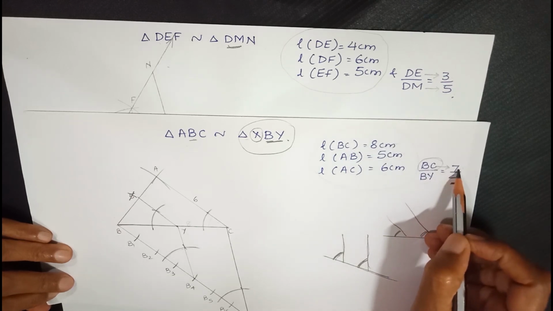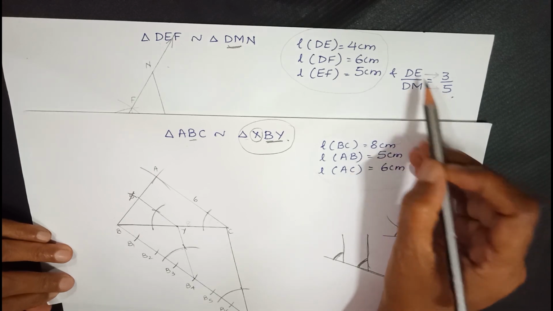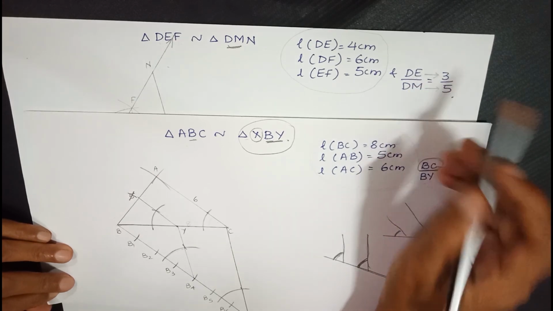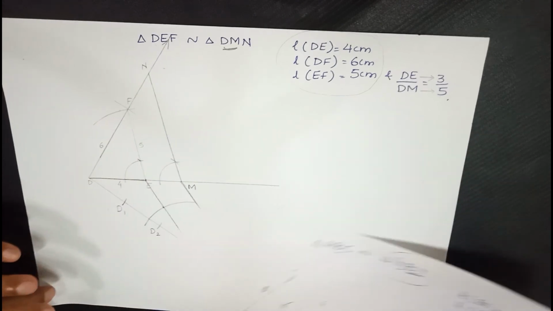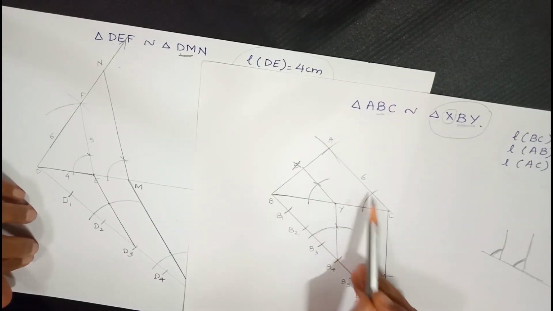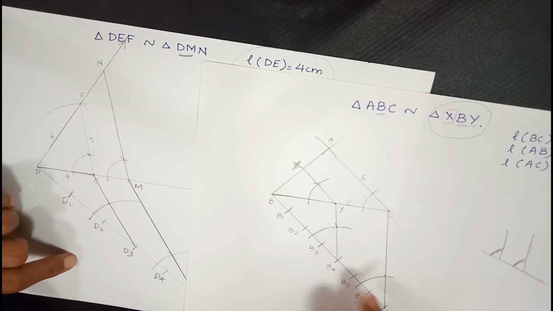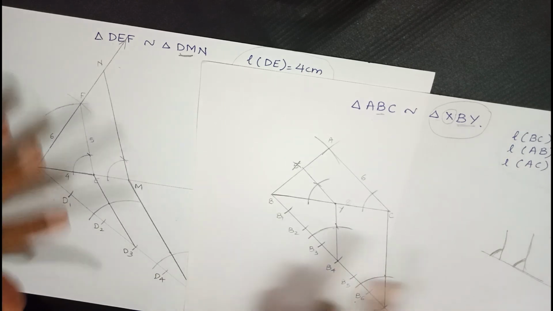So the bigger triangle was the first one. Here, the bigger triangle is the second triangle and the given triangle was the smaller triangle. So here, the method that we have to use is making congruent angles, with the measure that is available, and to make the same congruent angle at the second point. So this is the method that will be followed when the vertex is common. Thank you.